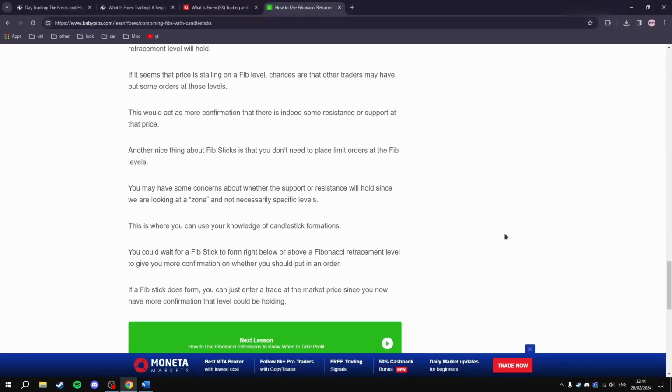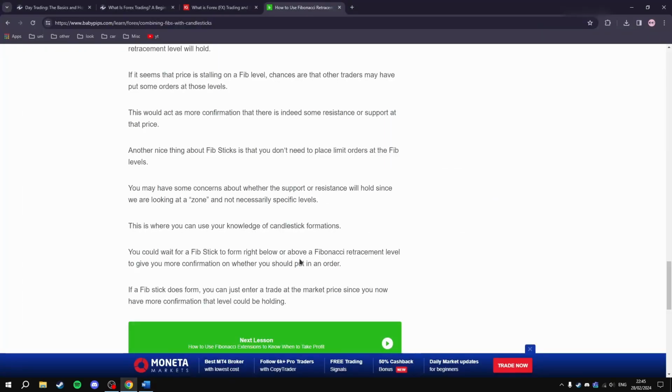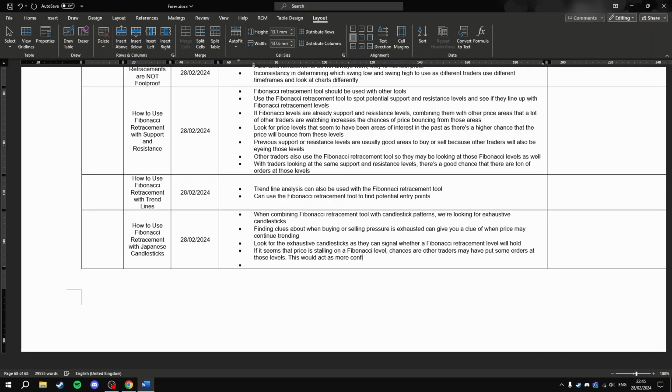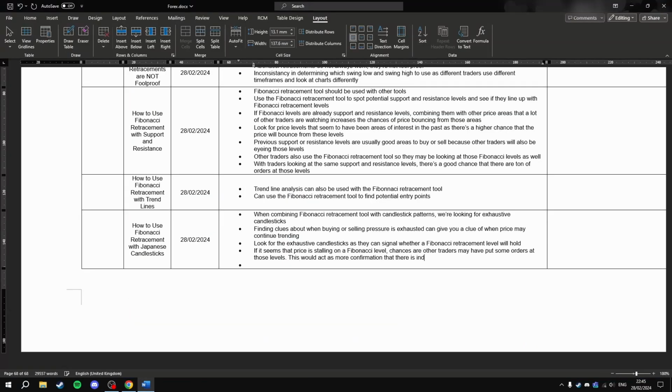This would act as more confirmation that there is indeed some resistance or support at that price.